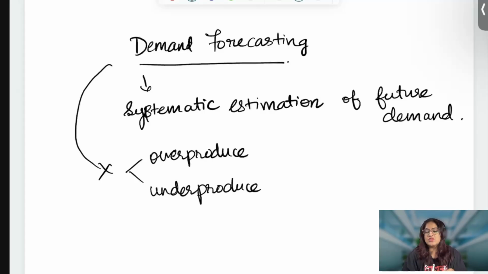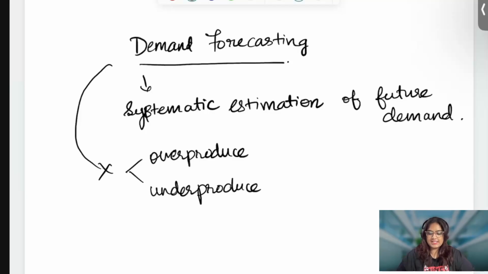These are the two issues that will happen if you are not able to create a proper estimation of the future demand. So forecasting reduces unnecessary loss, and it will also improve your decision making. Why is demand forecasting important? It helps in production planning, inventory control, manpower planning, financial budgeting, capacity decisions, and pricing strategies.